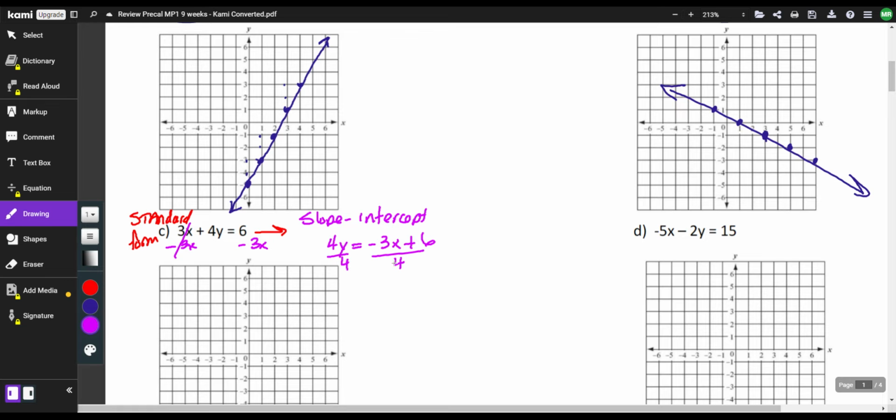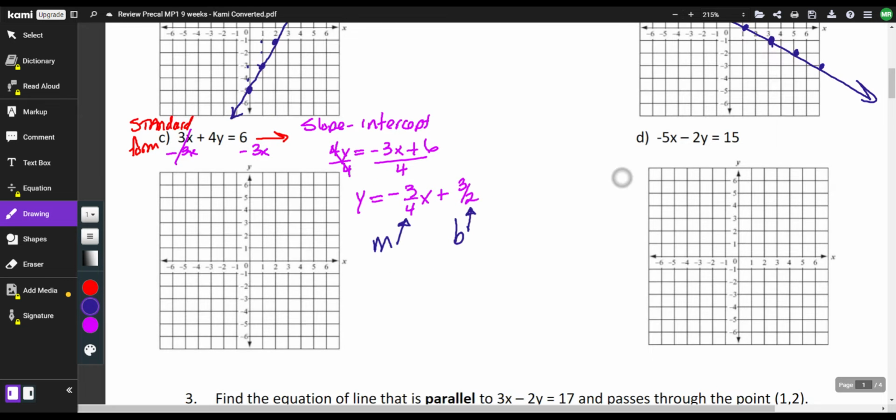Divide by 4 to get rid of the 4, and then y is going to equal negative 3/4 x plus 6 over 4, which is the same as saying 3 over 2. Remember, now in this form, we have the y-intercept and the slope. Our y-intercept is 3 over 2, which is the same as saying 3 halves, which is like 1.5.